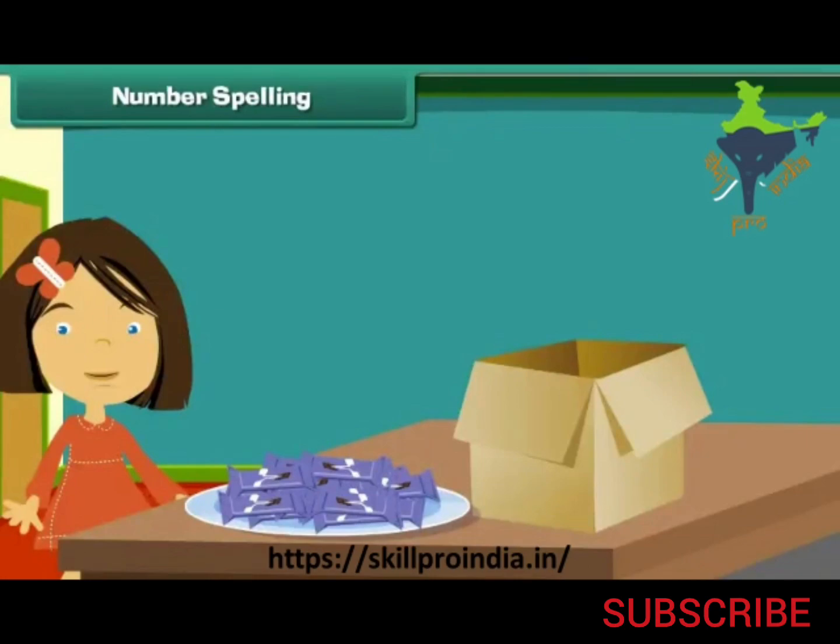Number spelling. Let us now learn to spell numbers. Here are some chocolates. Let us count and store them in a box. Here is the first. It goes into the box. O-N-E, 1. Here is the second. It also goes into the box.